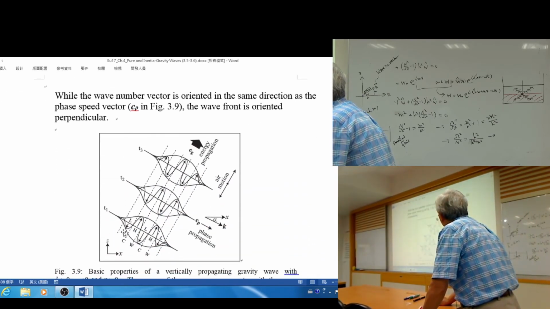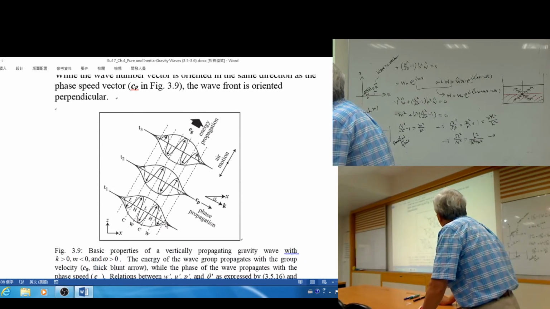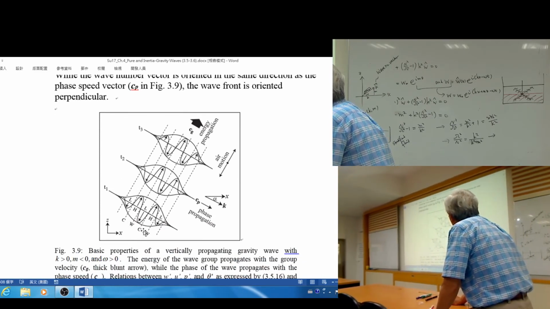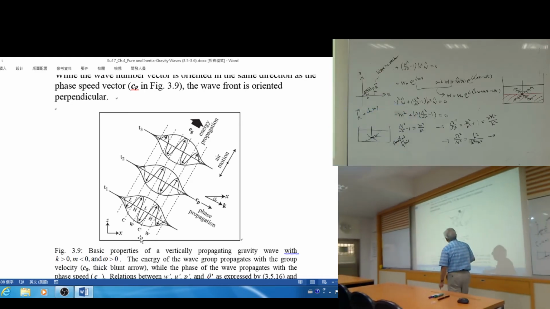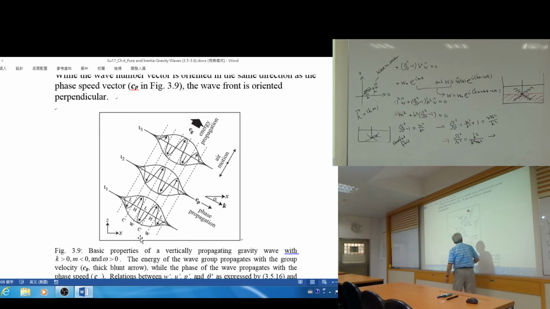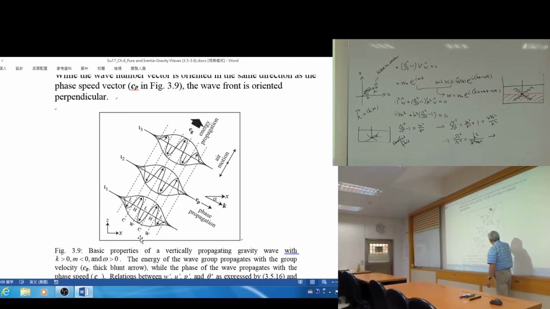So here probably we can just talk quickly to understand this. You have this extension, and this alpha, in this case the wave phase is tilted, that means your wave will propagate in this direction.